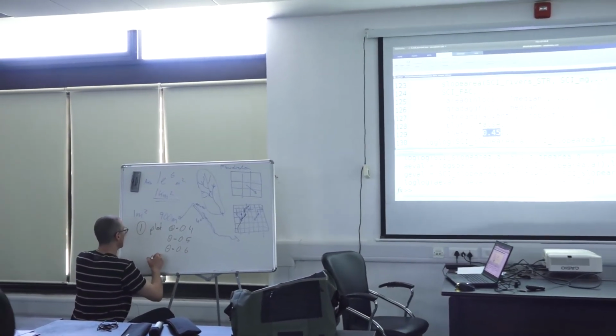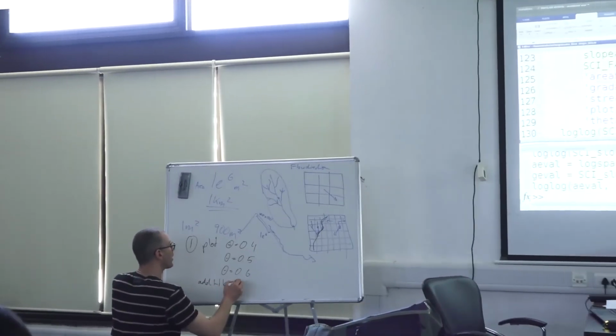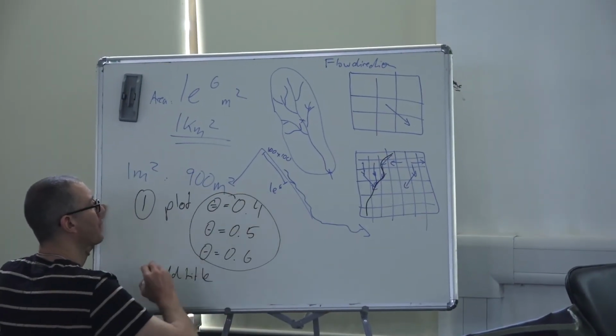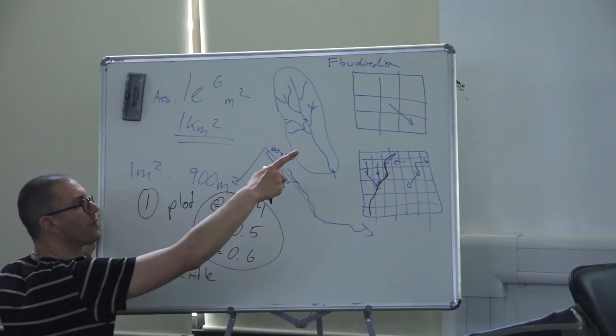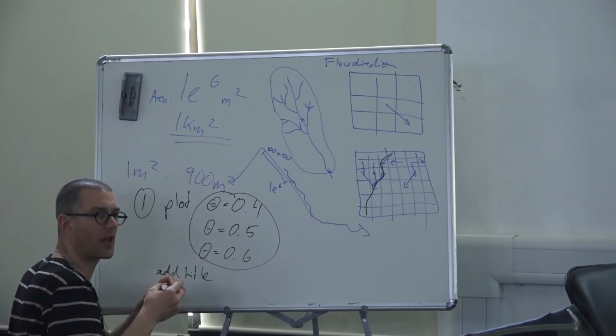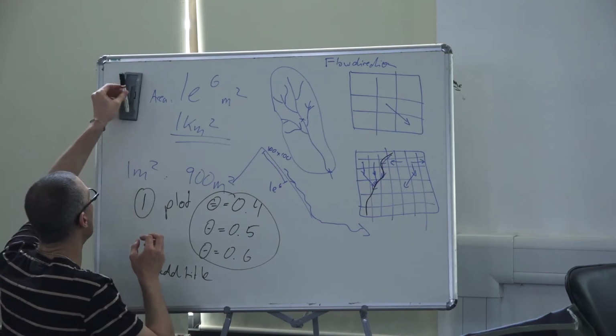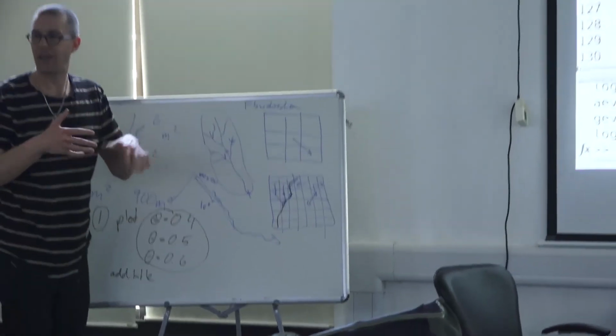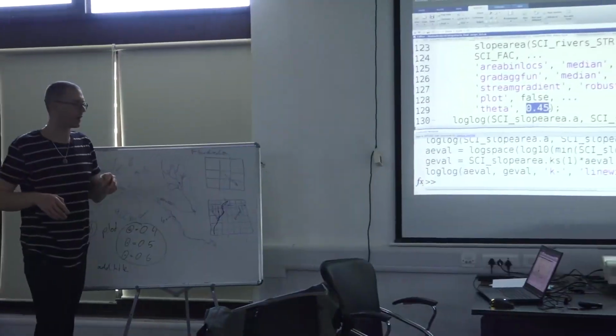Add a title, yeah? You add a title to those plots, that you have three plots with a fixed theta using these area and slope data, okay? And then we will compare those plots to get a better understanding what the theta means for our regression.